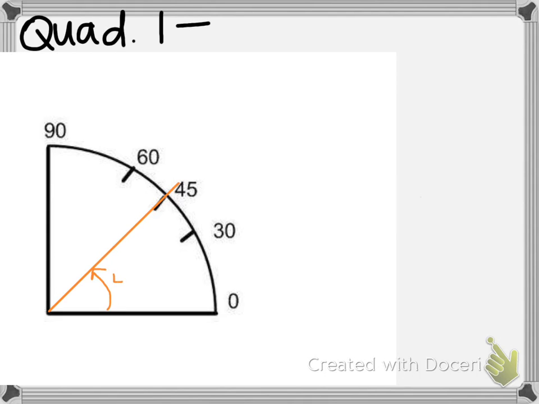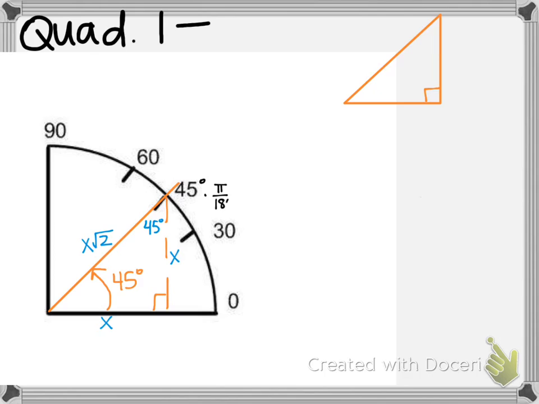So again, we're still in quadrant 1. Now if we consider 45 degrees, I can look at this triangle, and in my 45, 45, 90 triangle, I have these relationships. If I examine just that triangle there, I can convert the 45 degrees into radians, which is pi over 4. So this is pi over 4, and this is pi over 4.